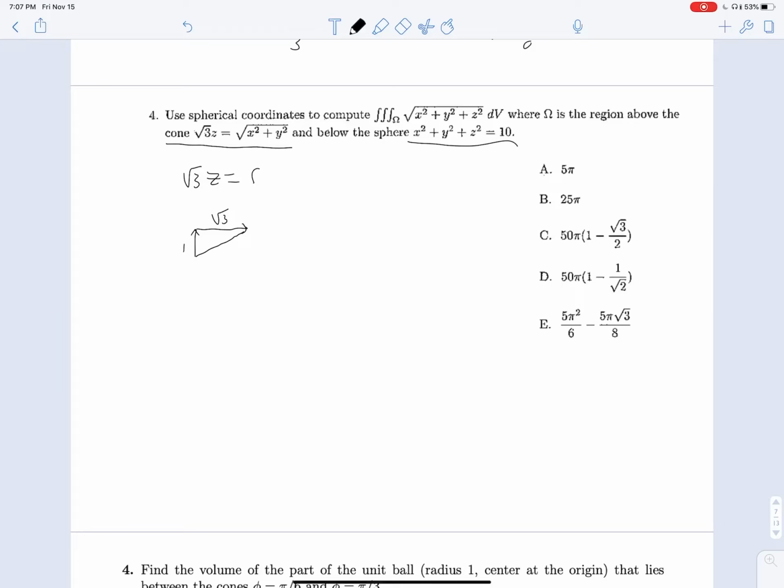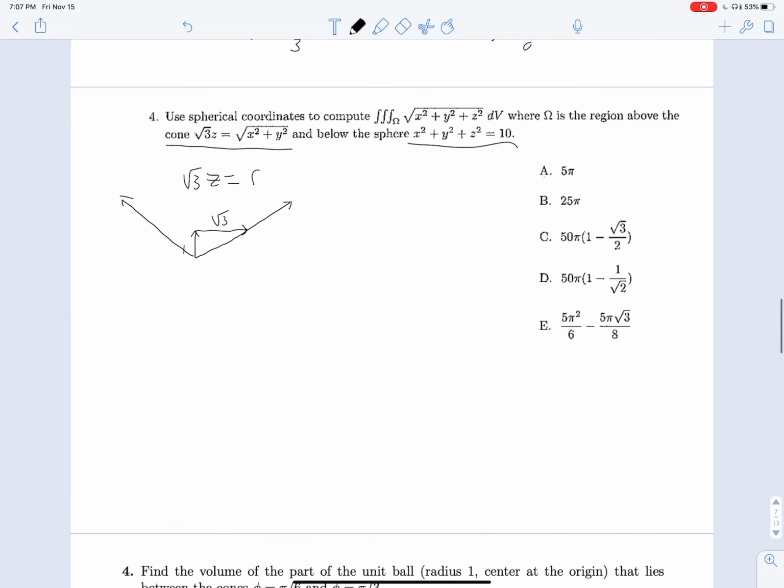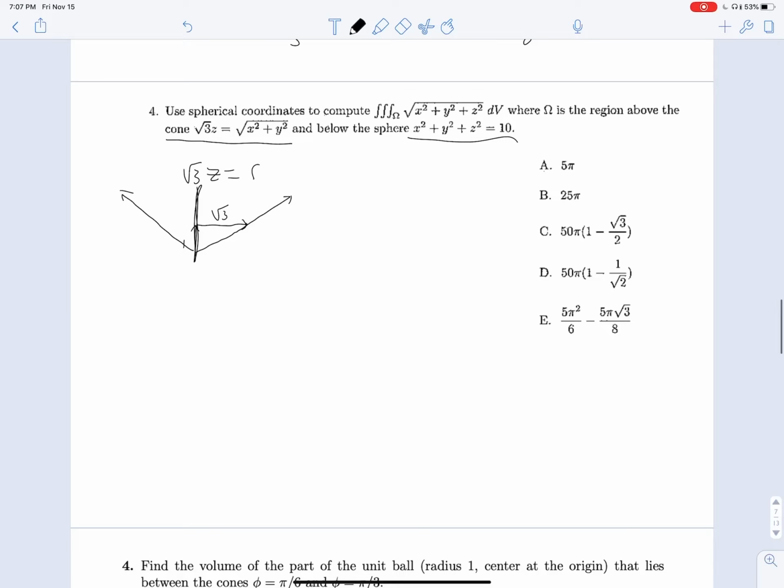So our cone is going to have an angle like this, which when you work through it ends up being, if our z-axis is here and our x-axis is here, an angle of pi over 3, which is important for our phi bounds in a bit. And then we're bounded on top by the sphere of radius root 10.